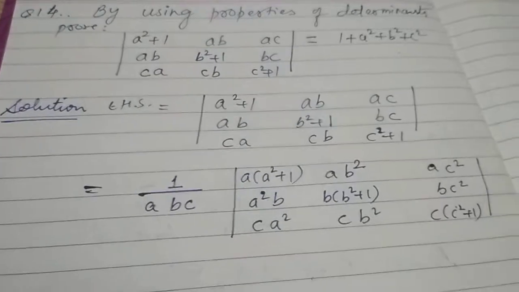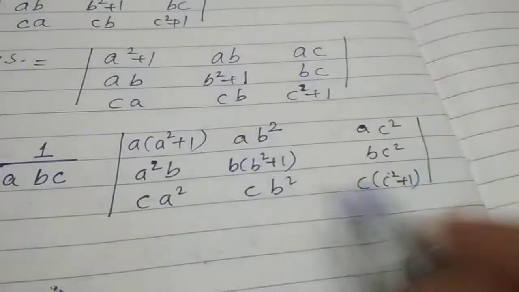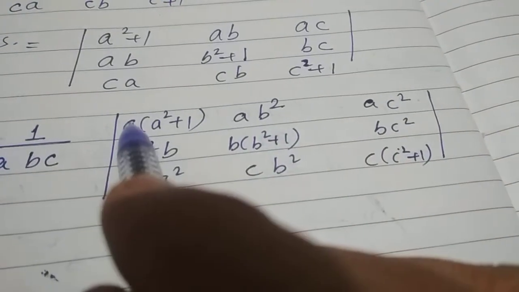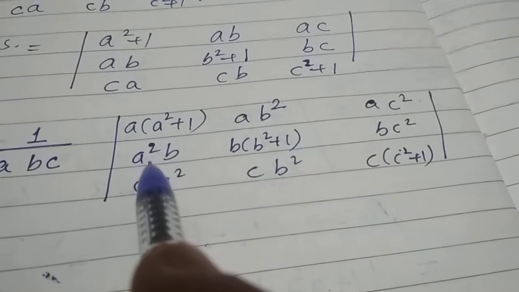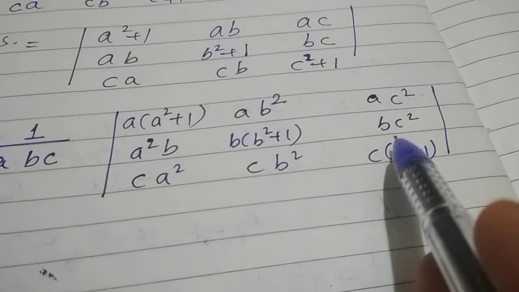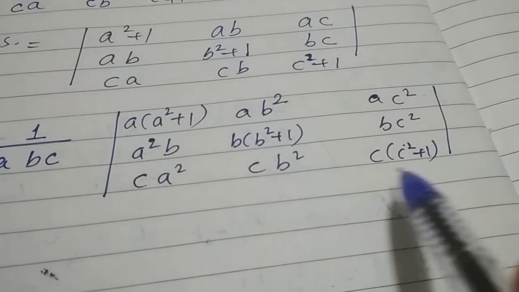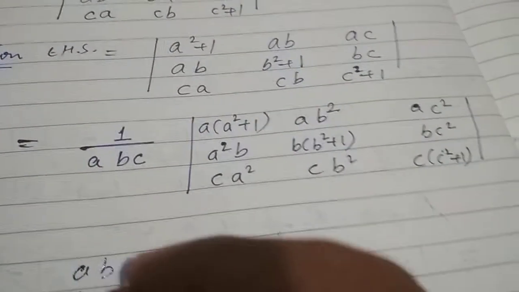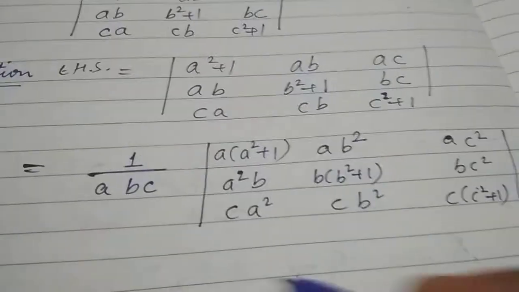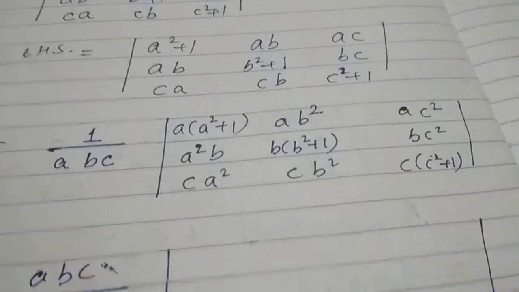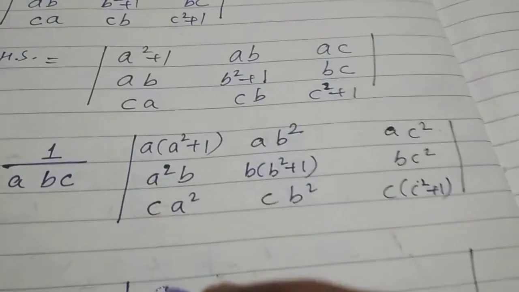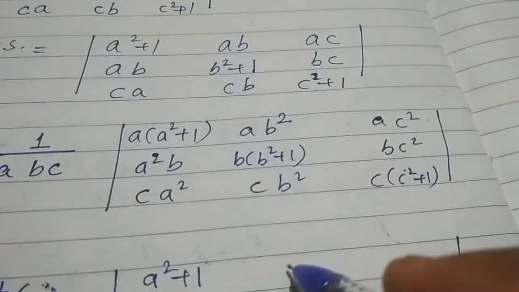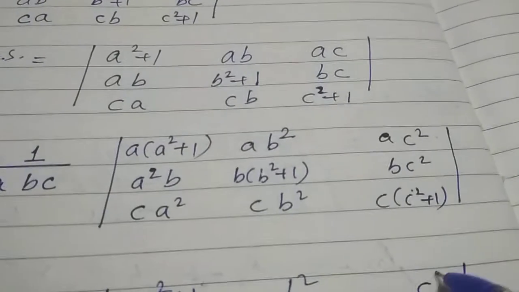Now if you observe carefully, from the first row I can take out a common, from the second row I can take out b common, and from the third row I can take out c common. So abc, again abc. Then what is left out? Here it will be a square plus 1. Here a has been taken out common from the first row, so remaining terms b square, c square.